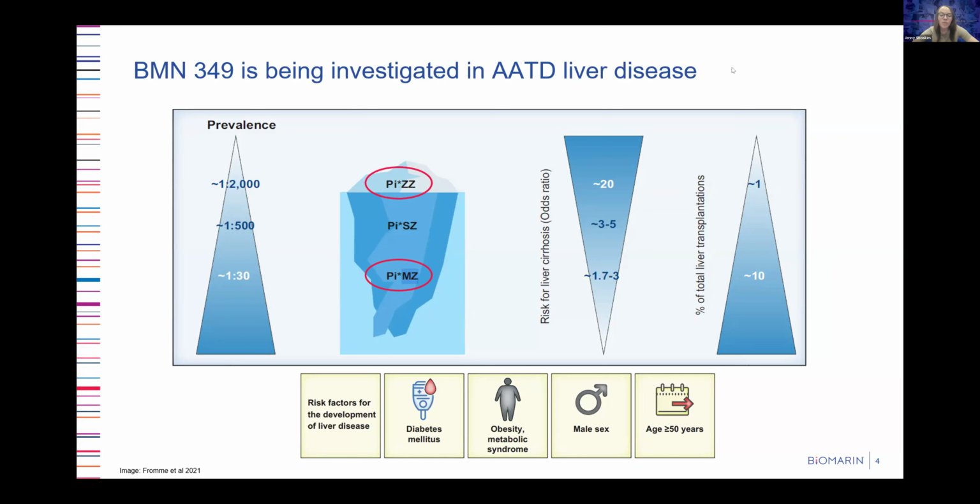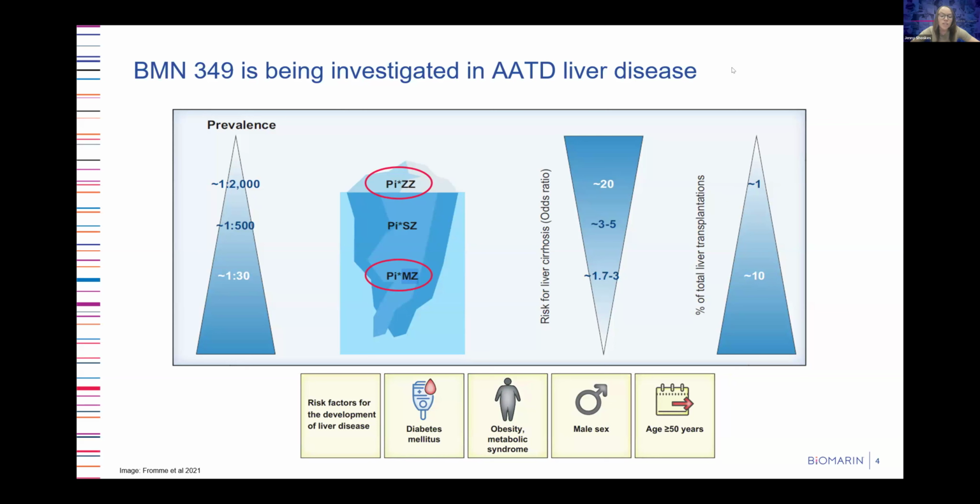You can see that the prevalence overall of MZ is more common. And even though the risk of cirrhosis or liver scarring is a little bit lower, it's increased overall, and it's increased when you have a secondary insult. So we can really see that MZ acts as a disease modifier in individuals with coexisting liver disease caused by other causes, things like alcohol, viral hepatitis, or fat in the liver.